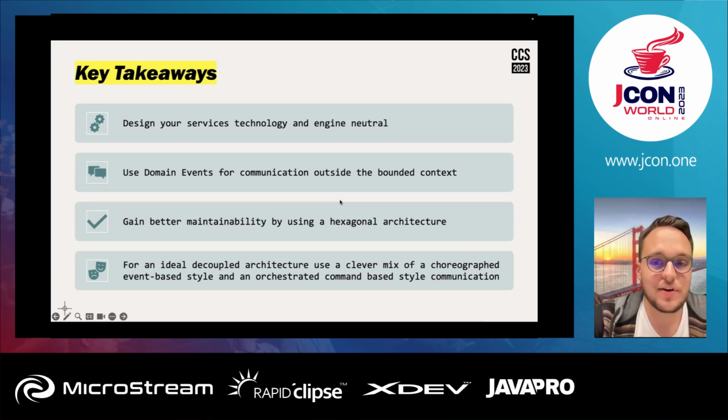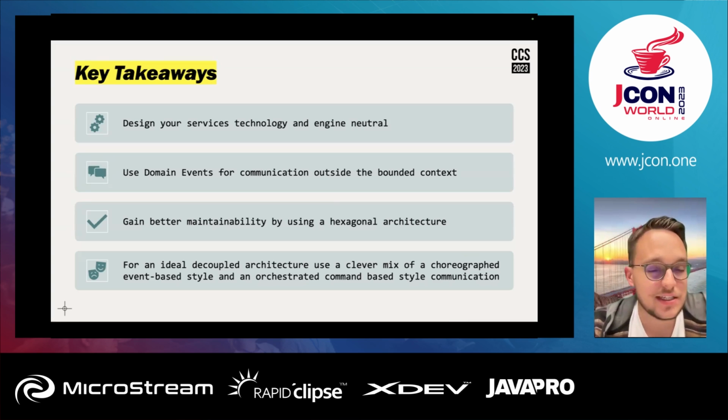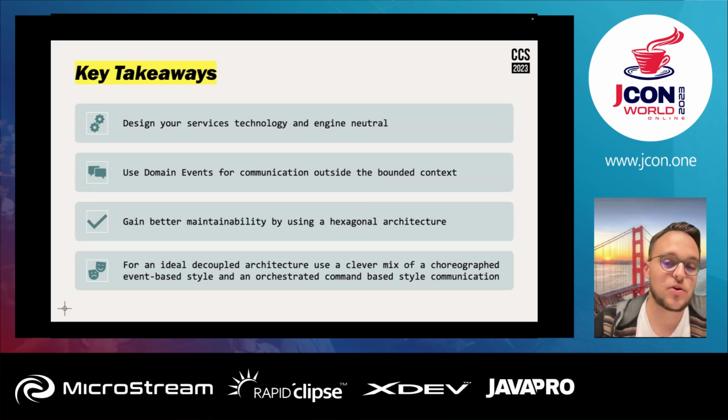We want to use domain events for communicating outside the bounded context. As already mentioned, we do gain for sure a better maintainability by using something like a hexagonal architecture, because even though when you design or create a layered architecture, at a certain point in time, it for sure will get dirty, and the dependencies can be improved, let's put it this way.